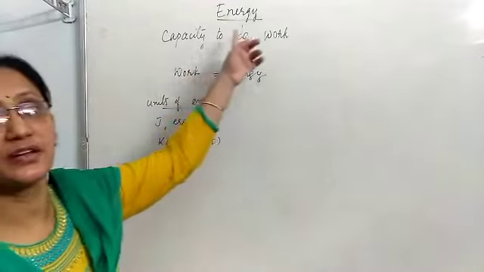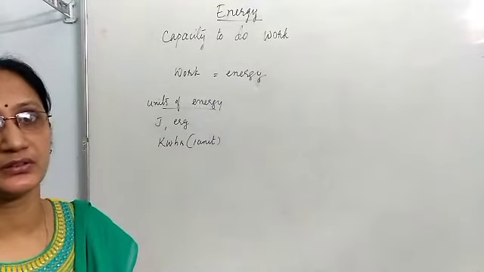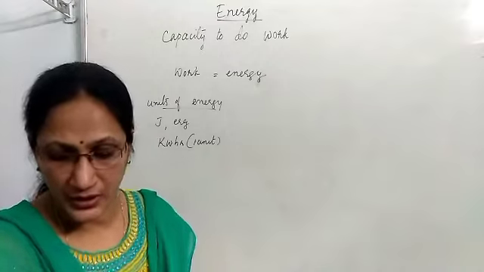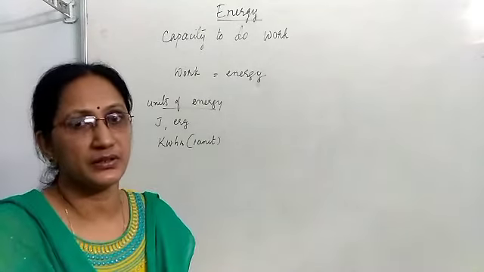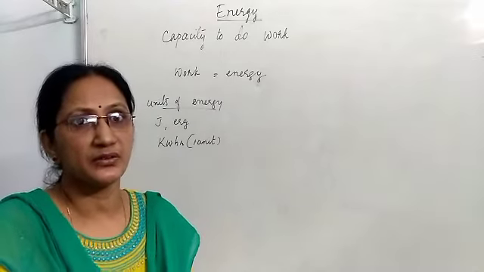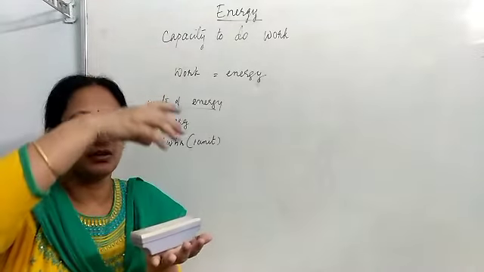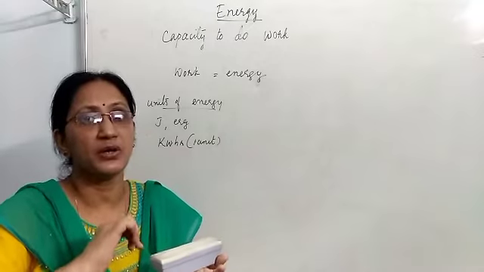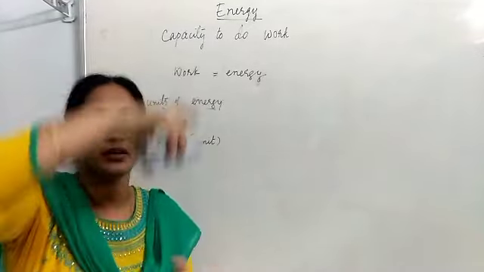Next topic is energy. Energy is the capacity to do work. If we have energy, we are able to do some work. For example, suppose we are lifting a body vertically upward. You are spending some energy in order to do the work. While lifting a body upward, you will have some loss of energy, then the body will gain some energy.